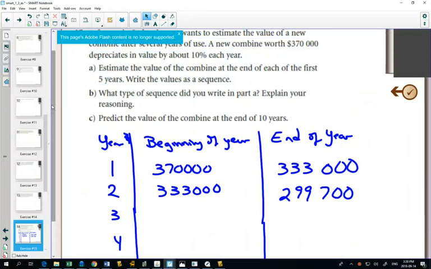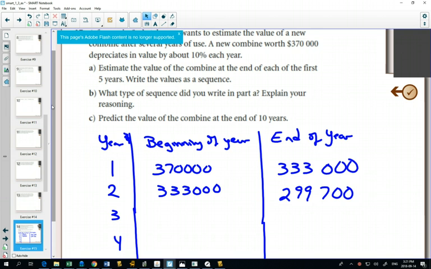What type of sequence did you write in part A? Well, this makes a geometric sequence. If we wanted to come up with a formula for this sequence, we have to make our decision. Do you want this to be your term 1? Okay.